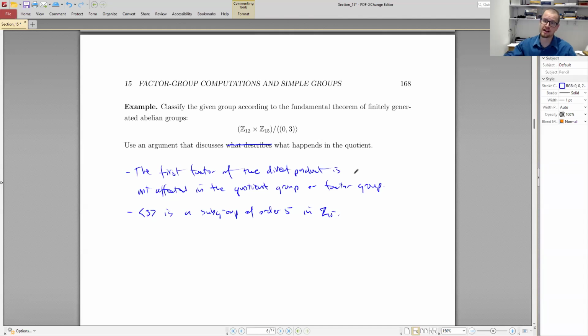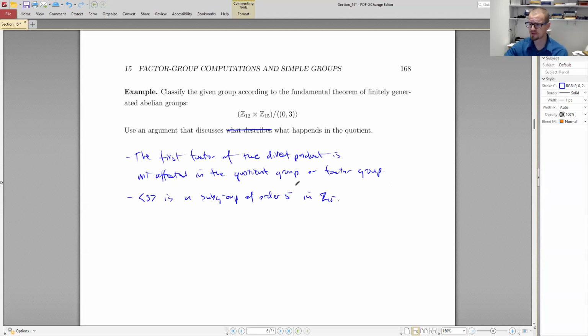When we're talking about finite groups, this is perfectly fine. That is, in fact, information we used in our previous examples. So we have a subgroup of order 5 in Z15. We take the quotient, we're going to end up with something of order 3.